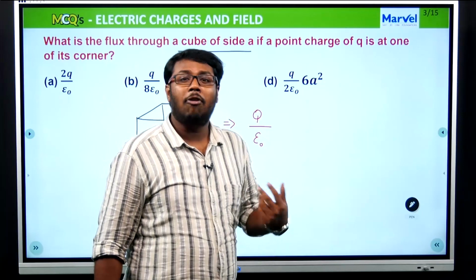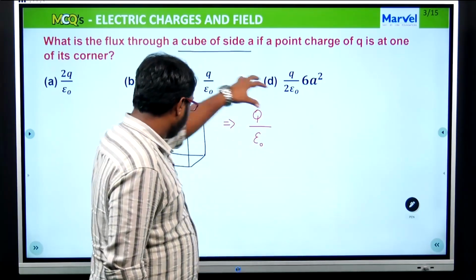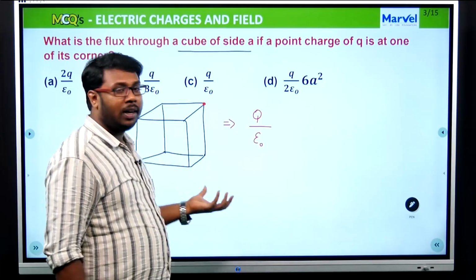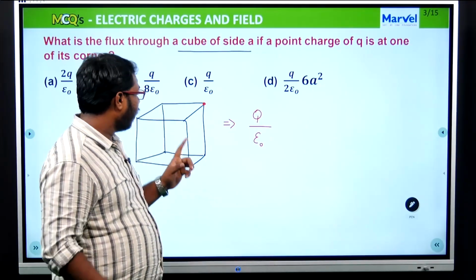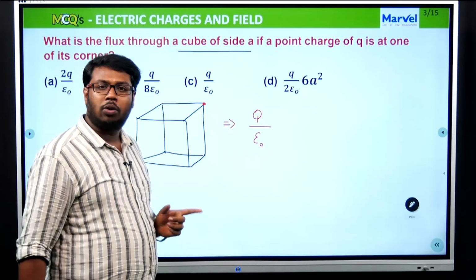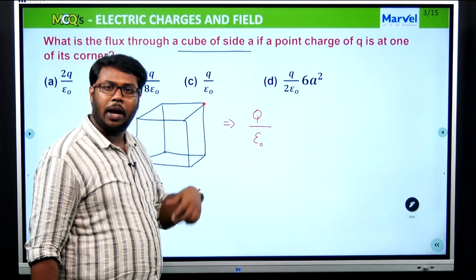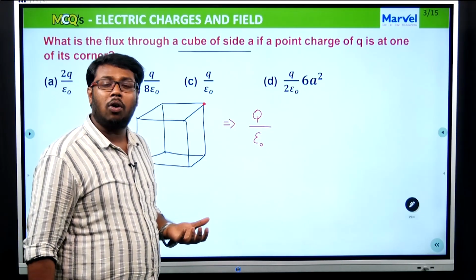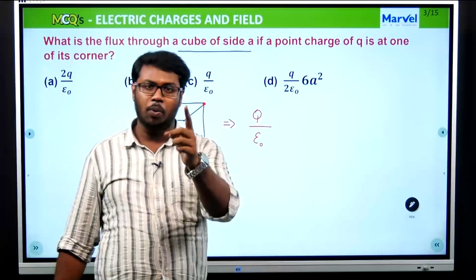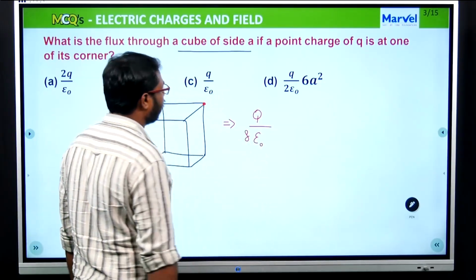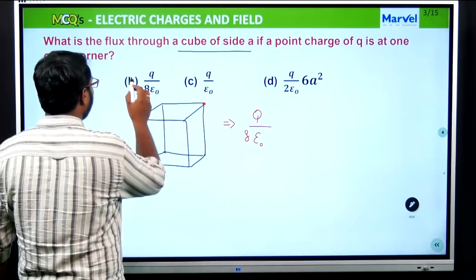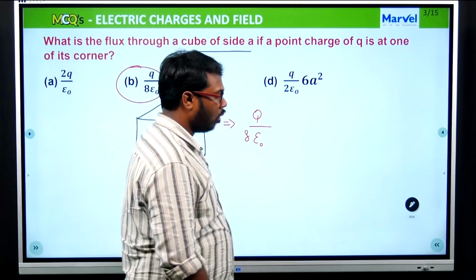We have placed those cubes to solve the entire phenomenon using Gauss law. Now if Q by epsilon naught is the total flux that is going to come out of the 8 cubes, then what is the amount of flux that is going to come out of only 1 cube? Simple. Q by 8 epsilon naught it is.